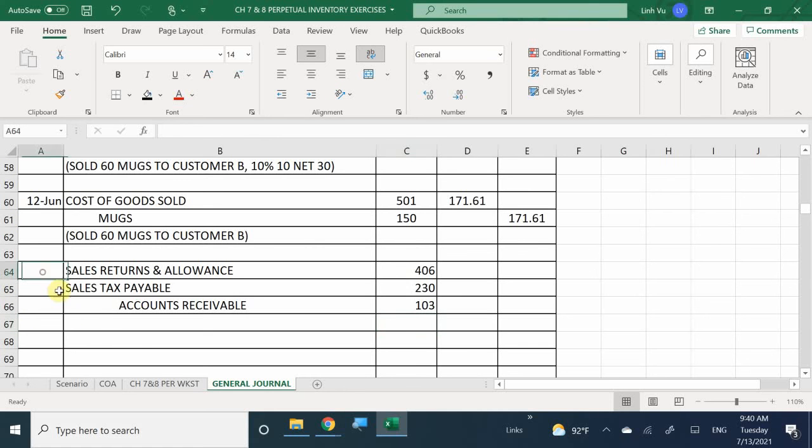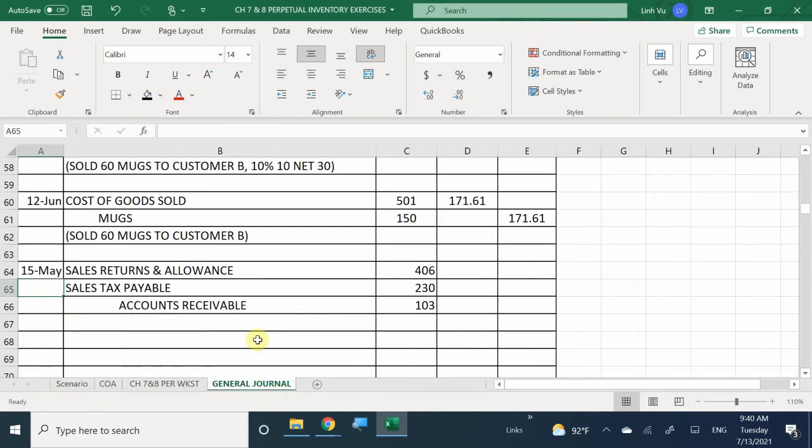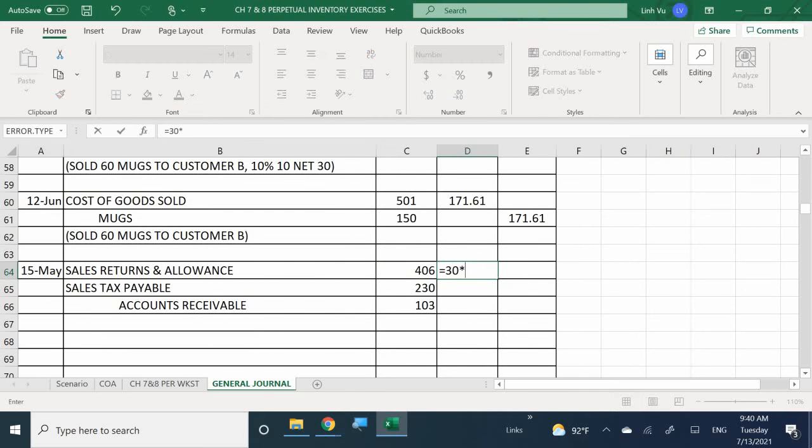Okay, so let's go ahead and calculate this real quick. We originally sold to customer B 60 mugs. Now how much did customer B return? He returned 30 of them. If he returned 30 of them costing $10 each, how much is that? $300.